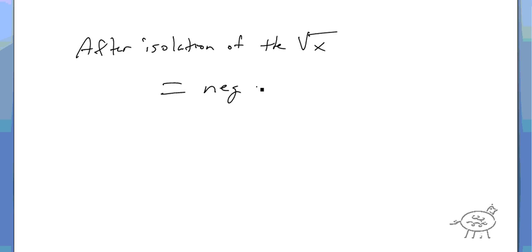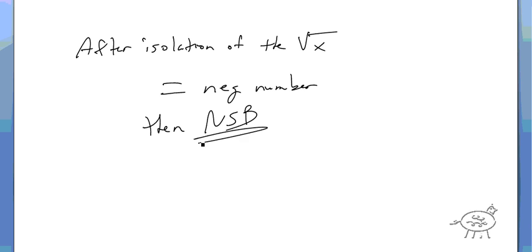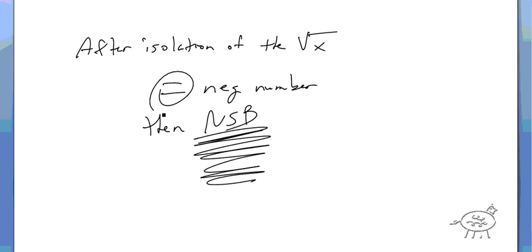If after isolation of the radical, with the variable inside, it equals a negative number, then NSB. Okay, no solution, baby. And you guys have to understand that this is where it's no solution because you've got an equals sign.